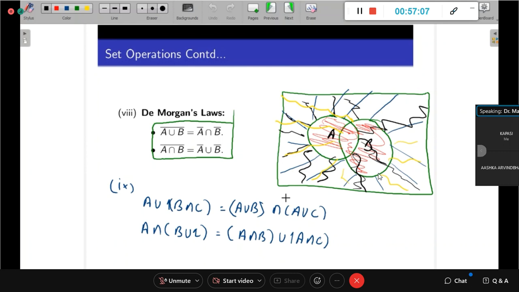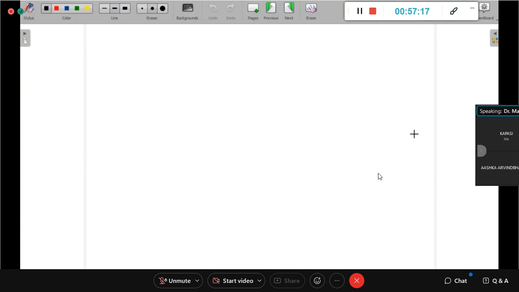This is what De Morgan's law says. The second one also will be the case.